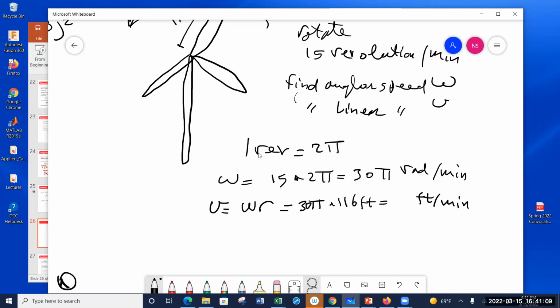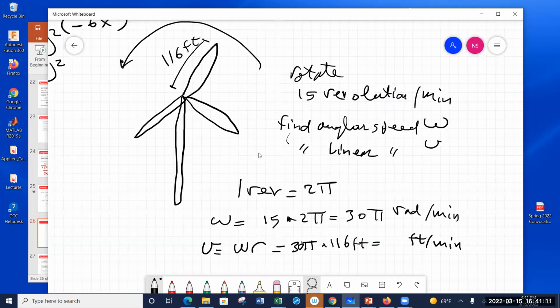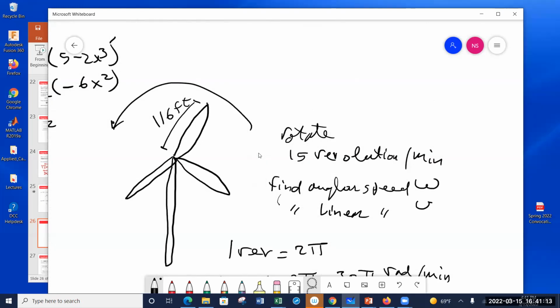Really, we are looking for the speed of the tip. That is the V, the speed of the tip, because the center does not have any speed. That's the reason we multiply by 116 feet.